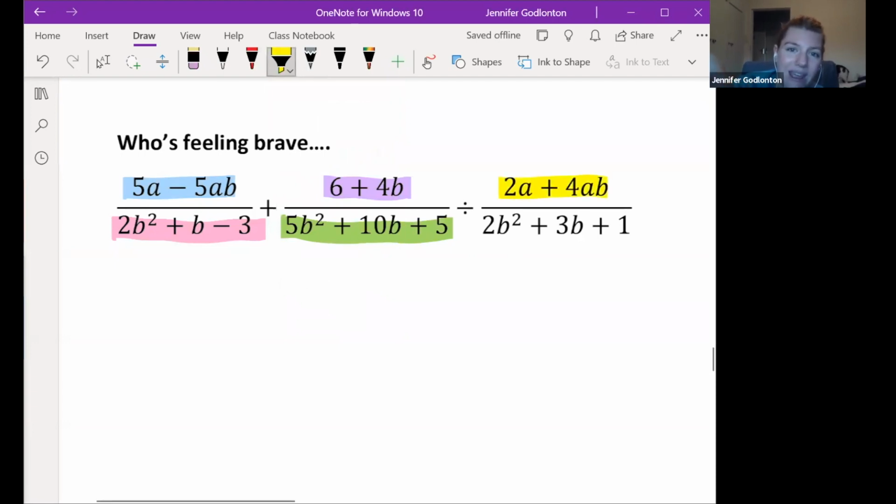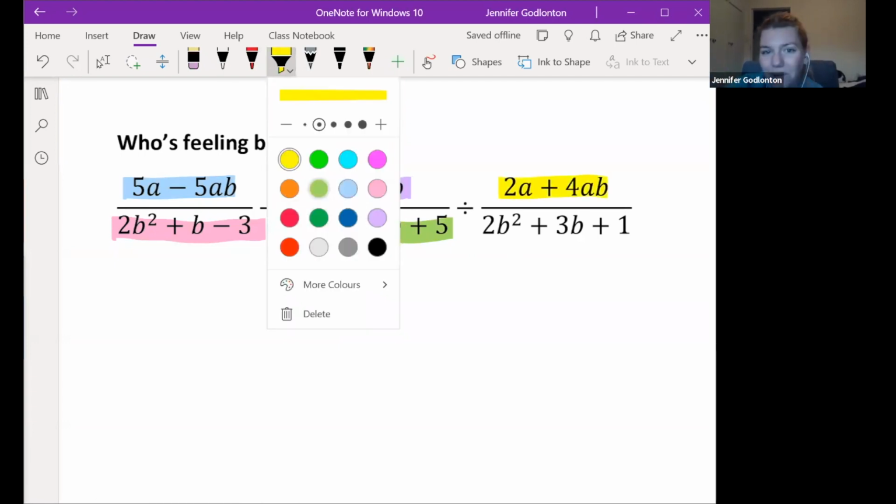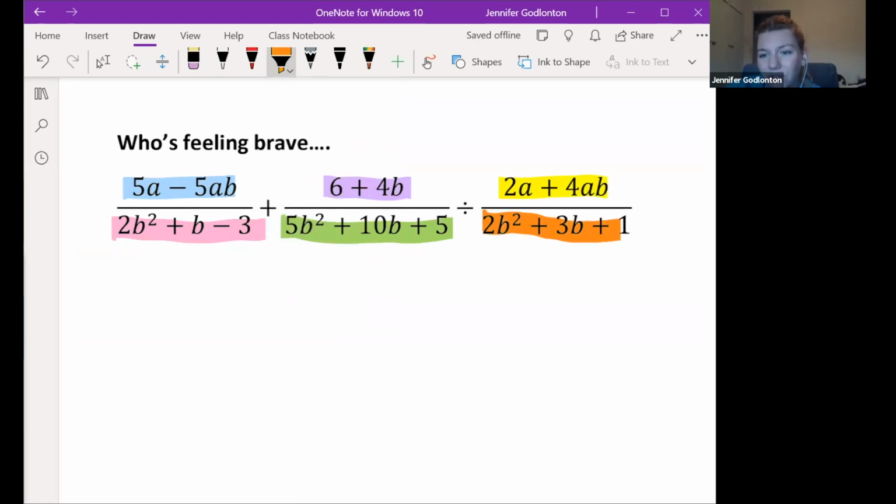We don't care that they're fractions. We don't care that we have divide signs. We just care how do we factorize each of these. And that whole first step, if you can factorize all of those, is worth 6 marks. This question in the end will be worth 8 marks. No, actually, it will be worth 9 marks.